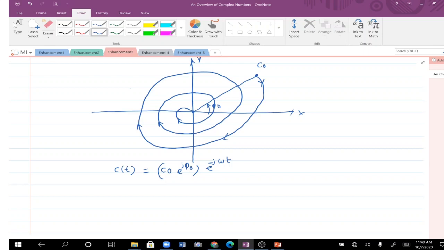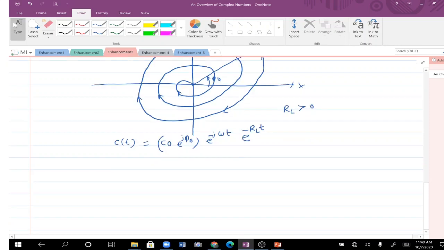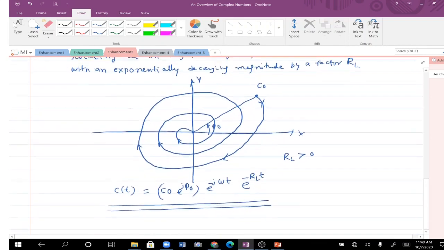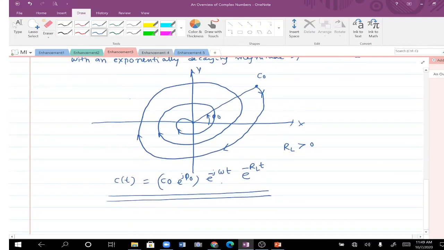Then its magnitude is also reducing, so that should be a real term e power minus r L into t, and of course this r L, since it is exponentially decaying, should be greater than 0. That gives you the equation for a magnetic field, or you can simply call it a vector, which is rotating at an angular frequency of omega in the clockwise direction.